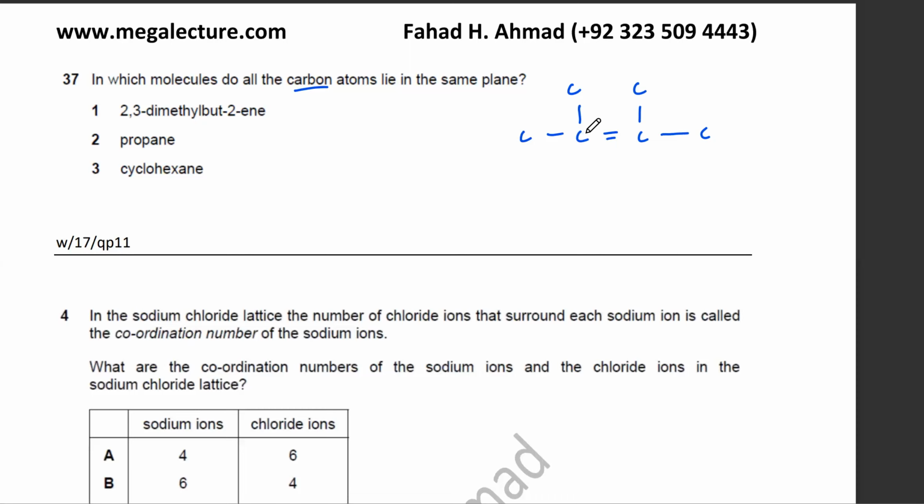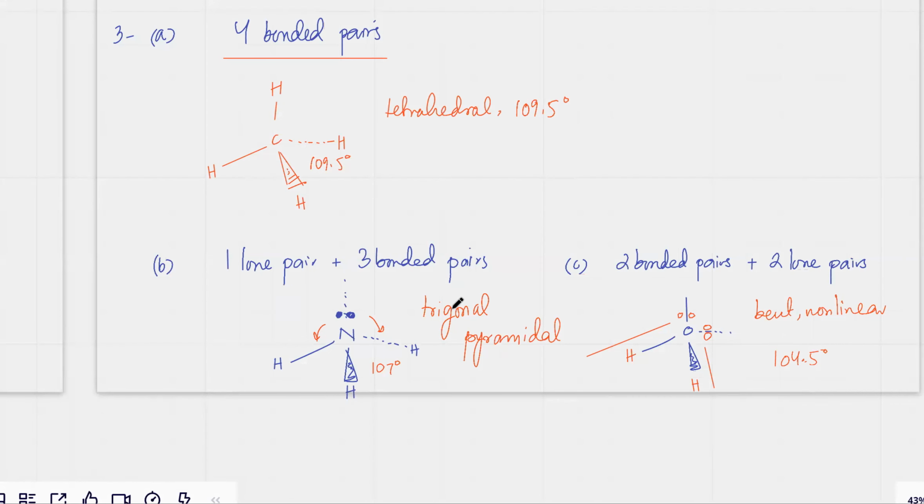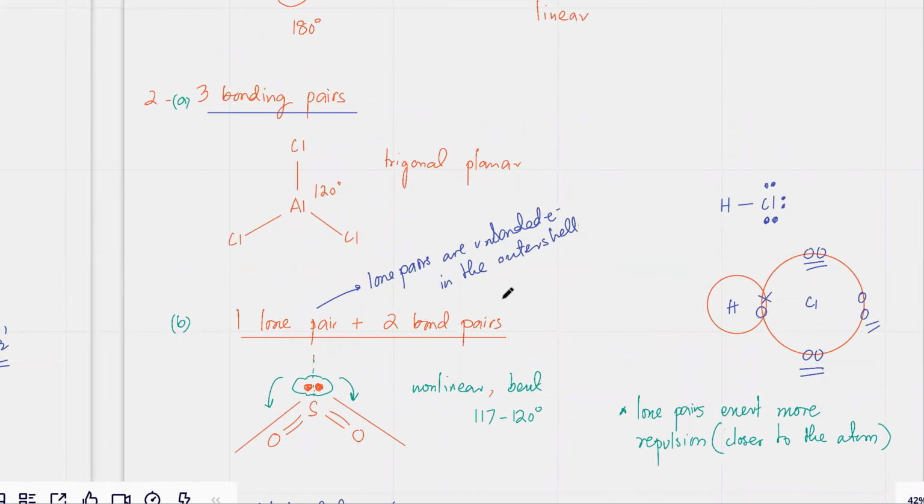So what's the arrangement around this carbon atom? How many bond pairs does it have? It's got a pair of electrons over here, over here, and over here. So that's 3 pairs of electrons. When you have 3 pairs of electrons, the shape is going to be trigonal planar.